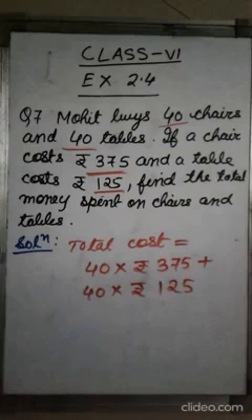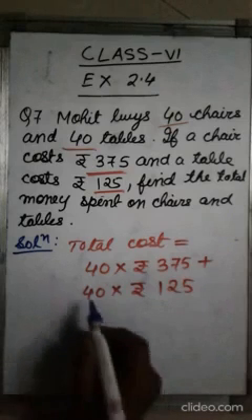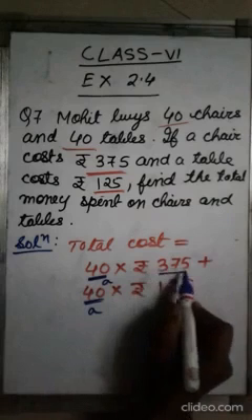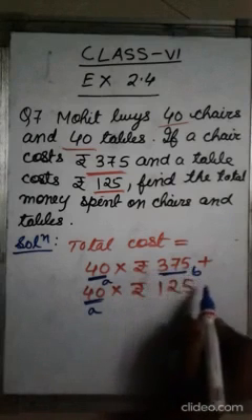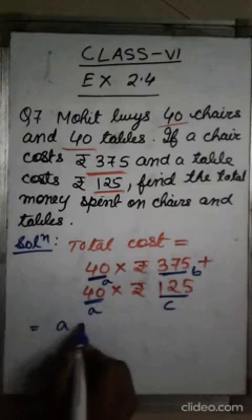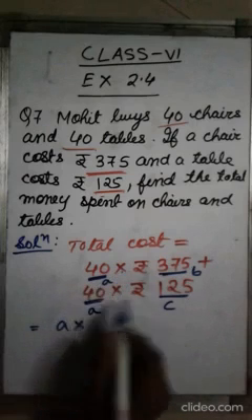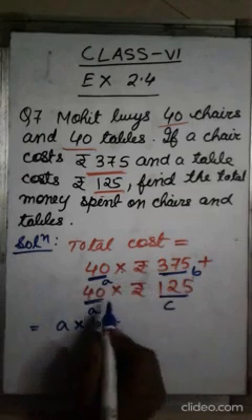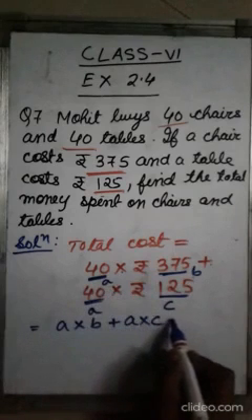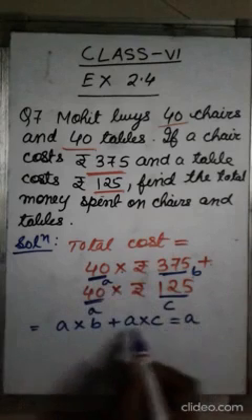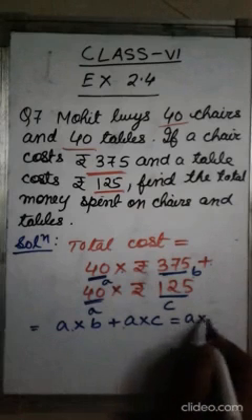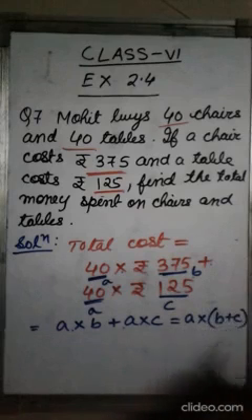It is the same thing as if we give the name A to 40, this is also A, this is B, and this C, then it is nothing but A into B plus A into C. What is that? It is equal to A into B plus C.